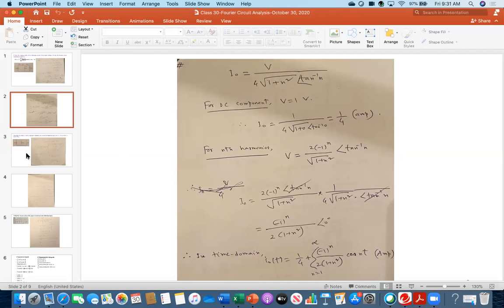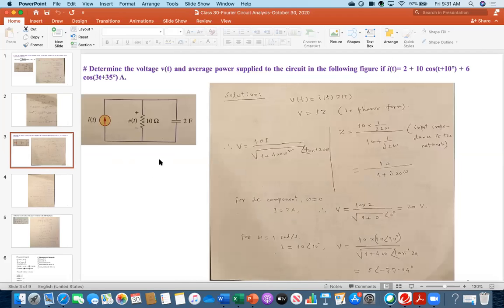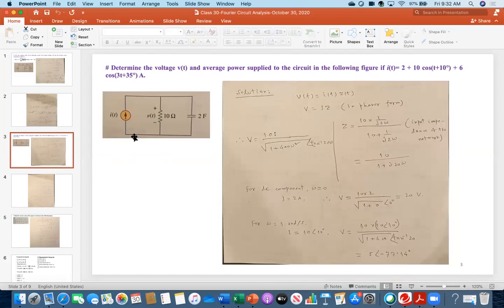Okay, therefore everybody see another example, and then I think you will be gradually fine. A different type of example. You have a circuit here. The circuit is simple. It is IT, a current source, and then there is a 10 ohm resistance and a 2 farad capacitor.